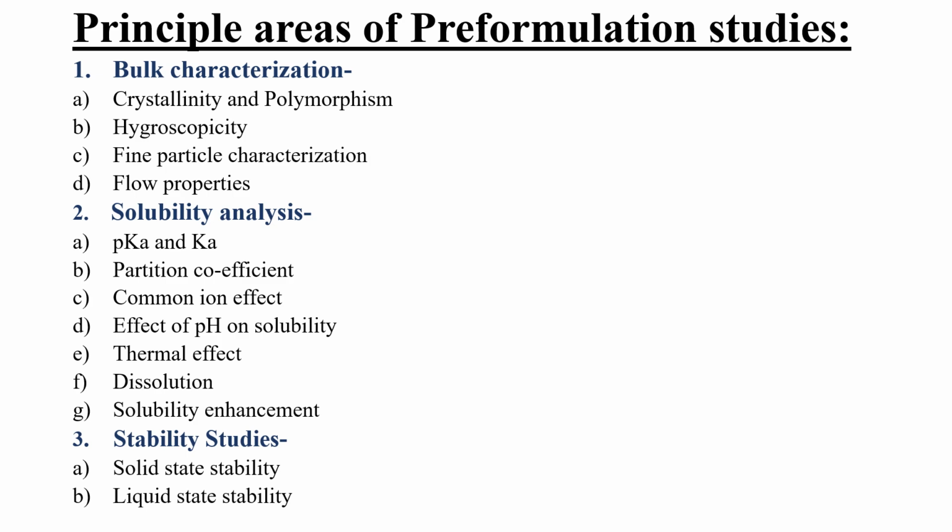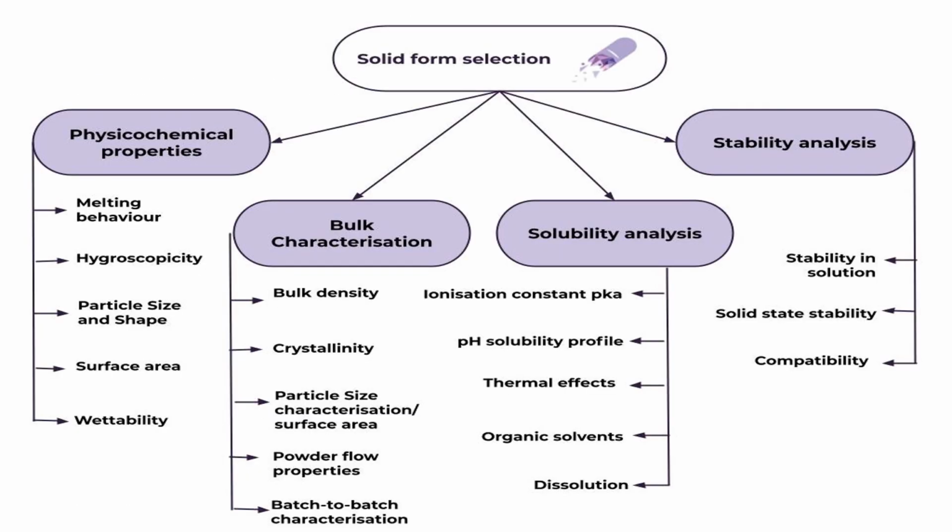In solubility analysis, we discuss the pKa concept, next partition coefficient, common ion effect, effect of pH on solubility, thermal effect, dissolution study, and solubility enhancement. And the stability studies, the last section, cover solid state stability and liquid state stability.